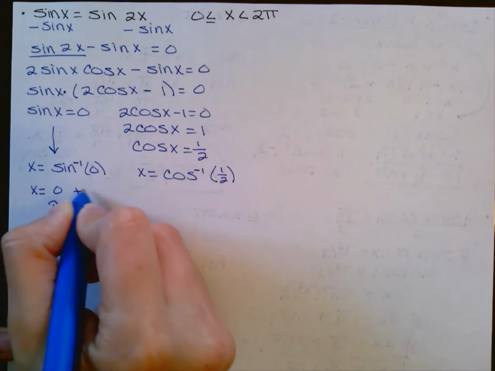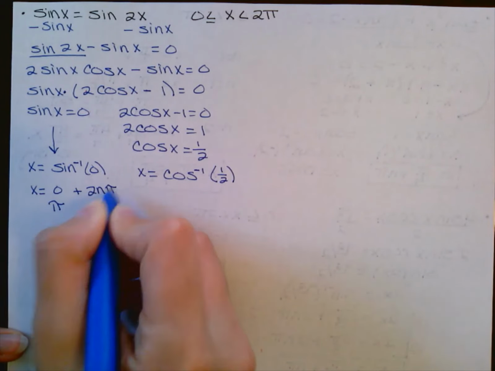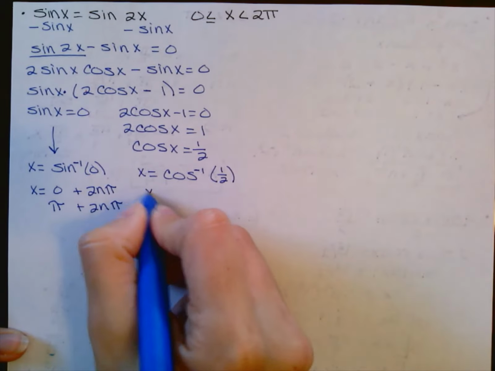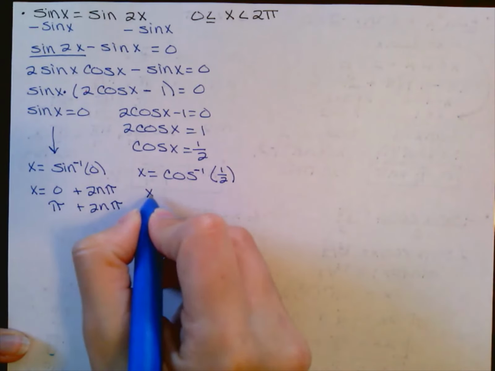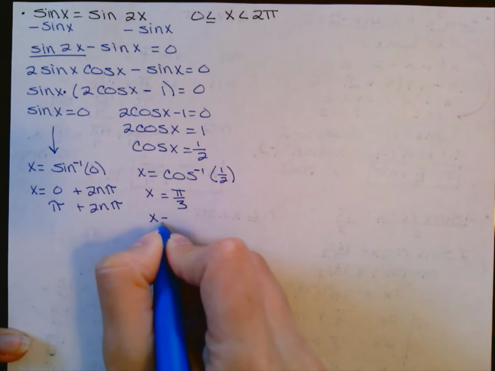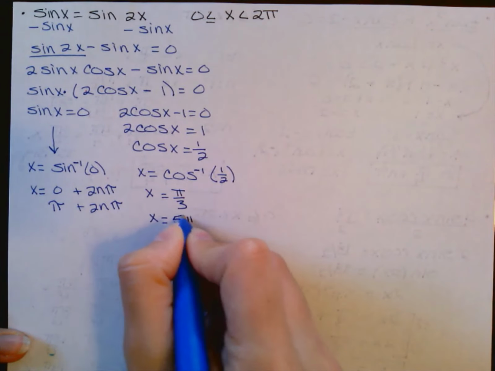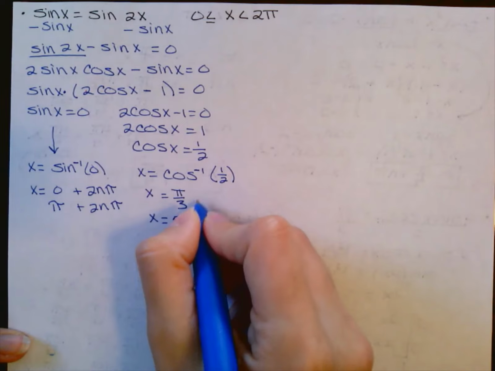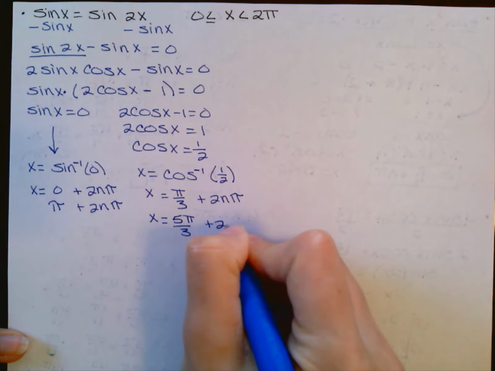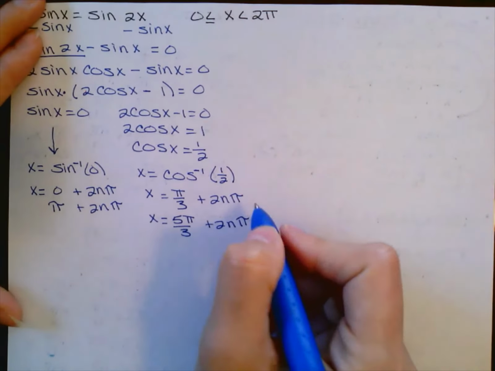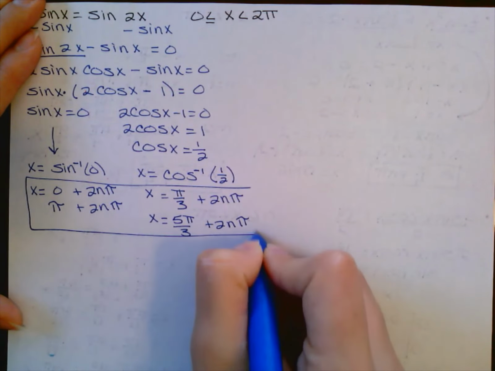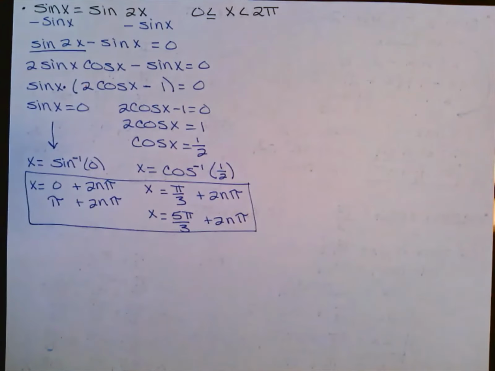Because it's a sine, we're going to add our 2n pi. On my unit circle, cosine equals 1/2 at pi over 3 and at 5 pi over 3. And because it's cosine, I'm going to add my 2n pi. This here is my general solution because x is already isolated.